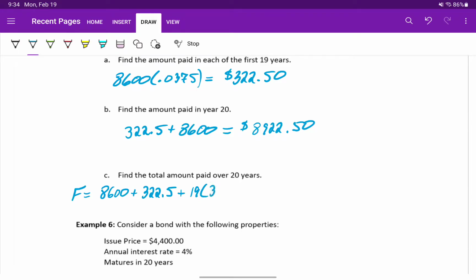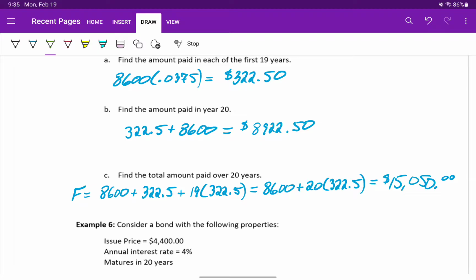So 19 times that 322.5. Or if we look at combining those last two terms together, this would be the same thing as 8,600 plus 20 years of interest, which in this case would be a total of $15,050.